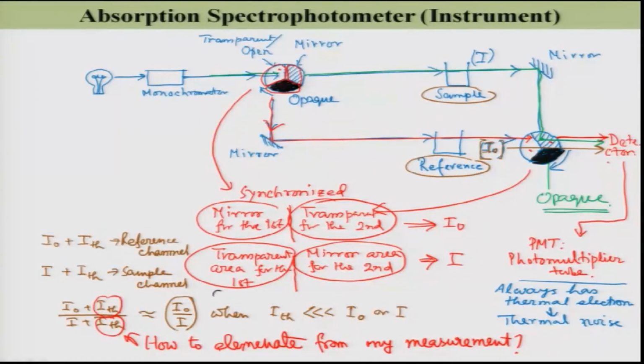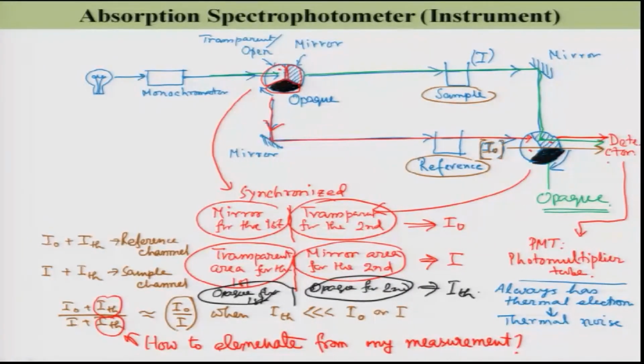Let me write opaque for first, opaque for second, right. So, in this case what we are going to measure? ITH. So, we are going to measure ITH. Now, you know what is the value of this ITH.